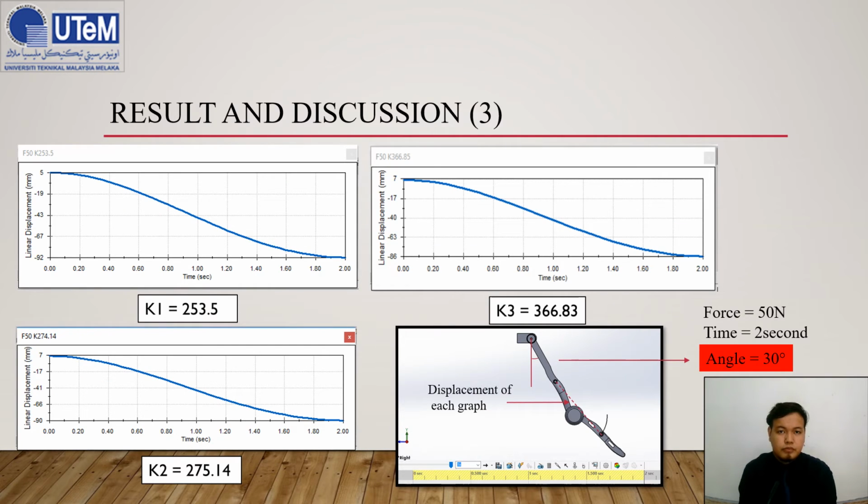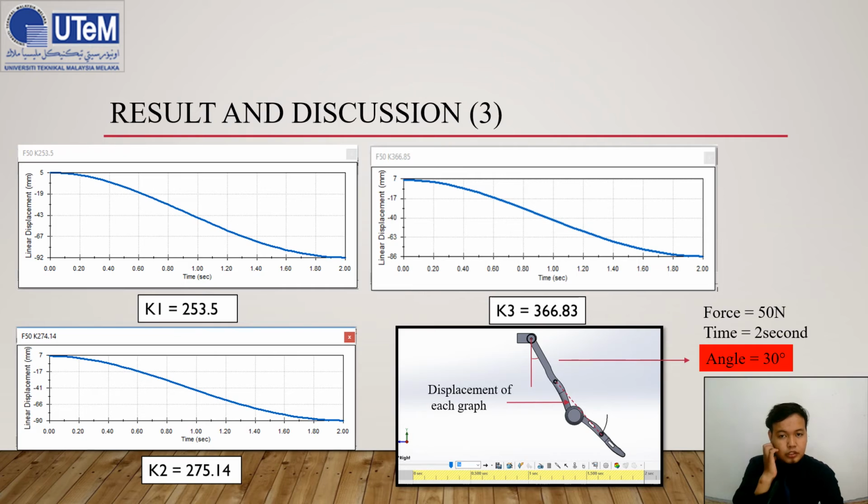And the last result from my objective 3 is to put the angle on my product, which is in the picture, from joint A to joint B. We put the angle at that place to calculate the displacement of the product that can be moved while doing the rehabilitation process.